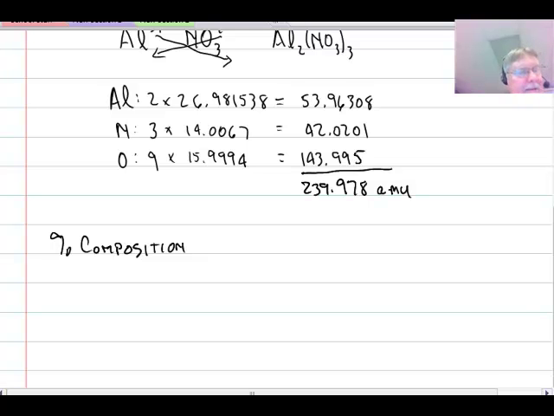You can see the way that we started setting things up is what we're actually going to do for doing these problems. Suppose I just ask you, what is the percent composition of aluminum nitrate? What I'm asking is what percentage is aluminum, what percentage is nitrogen, and what percentage is oxygen. And so I'm going to set this up just like we did before.